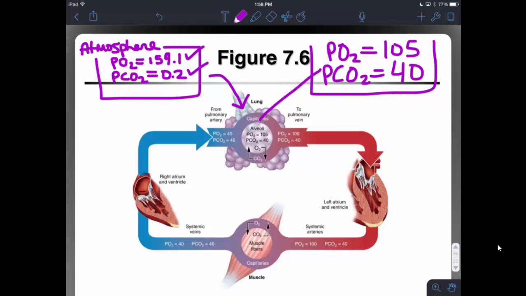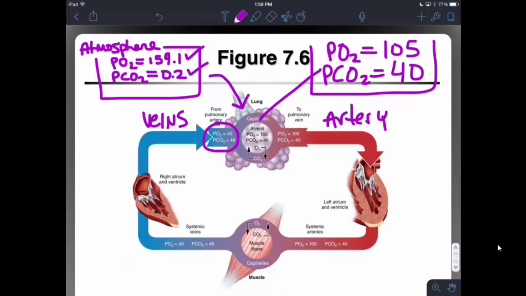And here we have venous blood, and here we have arterial blood. You see the venous blood coming in to the alveoli. This is the pulmonary vein coming into the lungs. The pulmonary vein is going to branch into the pulmonary capillaries, and this is the blood that is going to surround the alveoli.